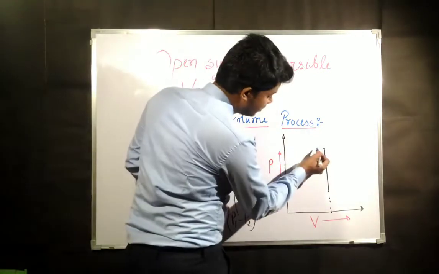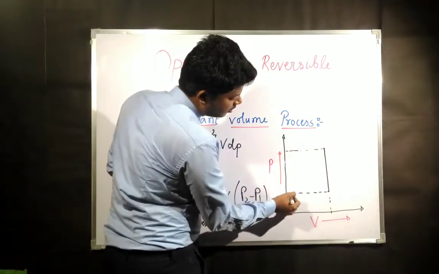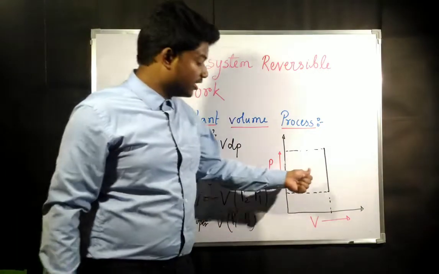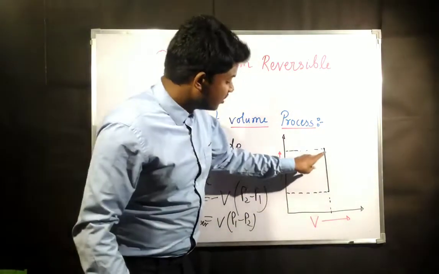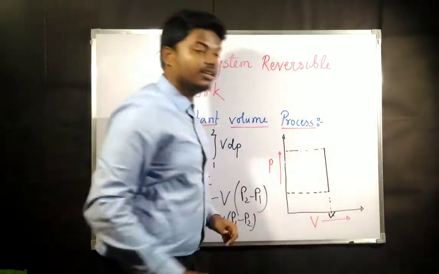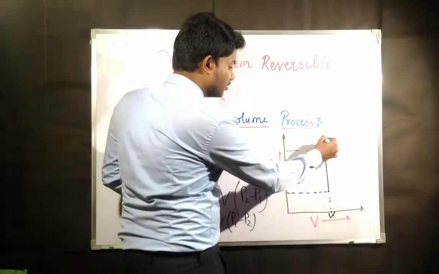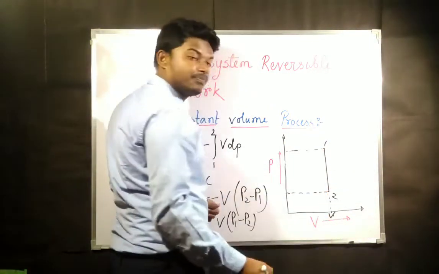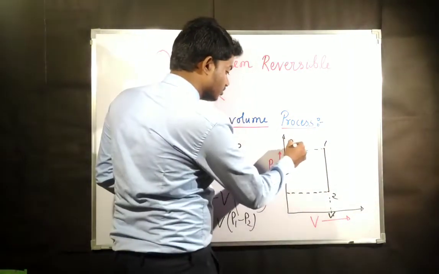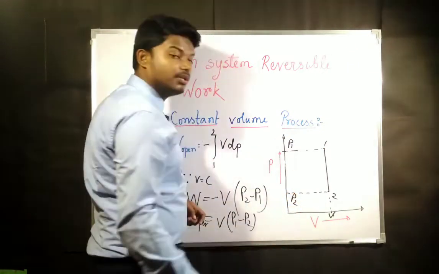So what happens if you project it on the pressure axis? Suppose this line has a volume of V, and suppose this is point 1 and this is point 2. At point 1 the pressure is p1 and at point 2 the pressure is p2.